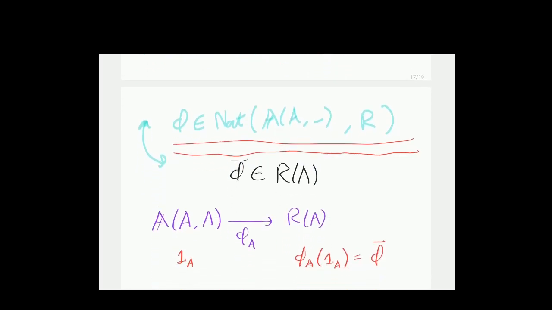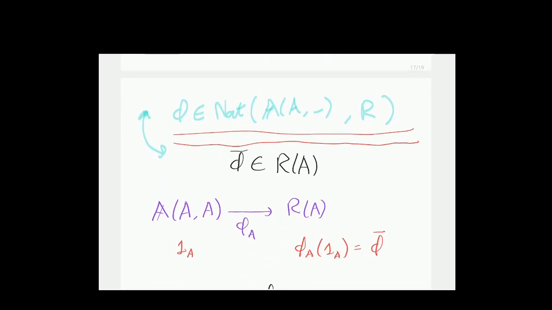Well, that's pretty easy. Basically, phi bar is just the A-th component of phi working on the identity arrow of A. Because we know that the A-th component of phi goes from script A of A comma A to R of A. We know that the identity arrow of A is in here. So we can operate this on this, and this gives us phi bar.